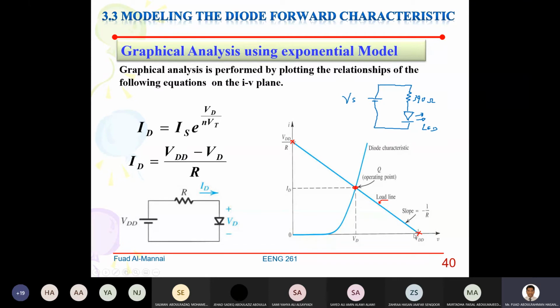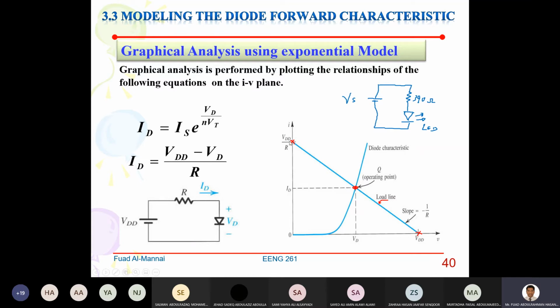So when ID is equal to 0, VDD is equal to VD, or VD is equal to VDD. If your VDD is equal to 10 volt, this point is at 10 volt. So you identify this point.